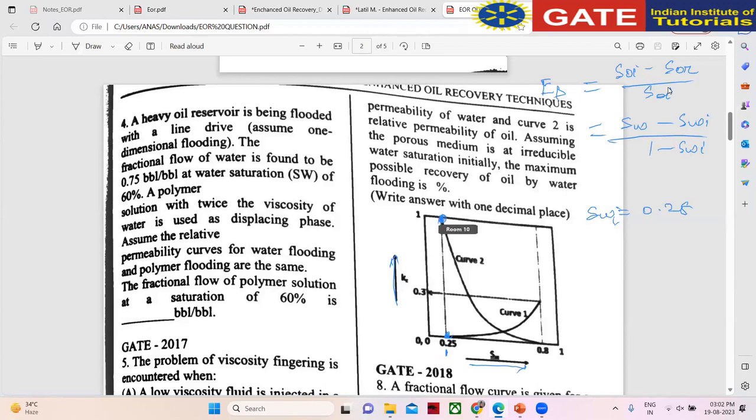As the saturation of water increases, your saturation of oil decreases. When you start producing from your well, the saturation of water increases and the saturation of oil decreases.